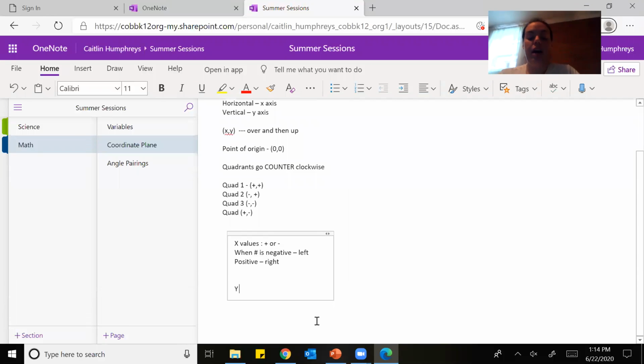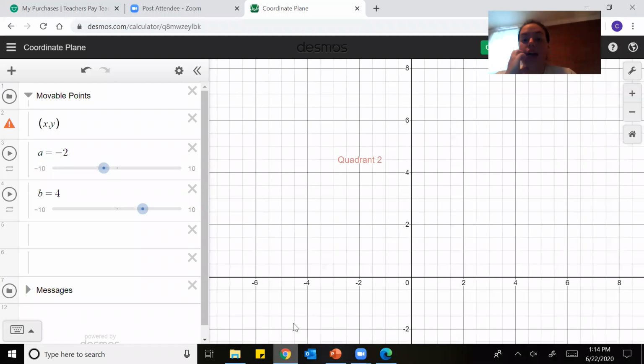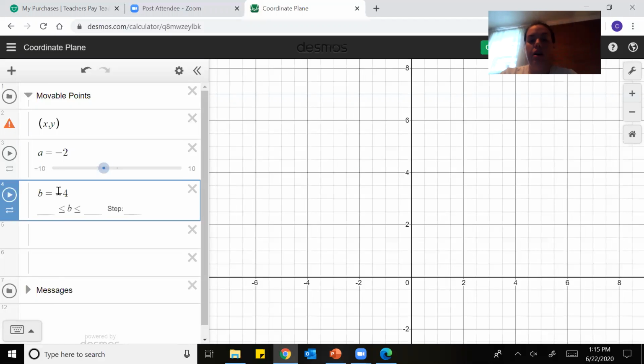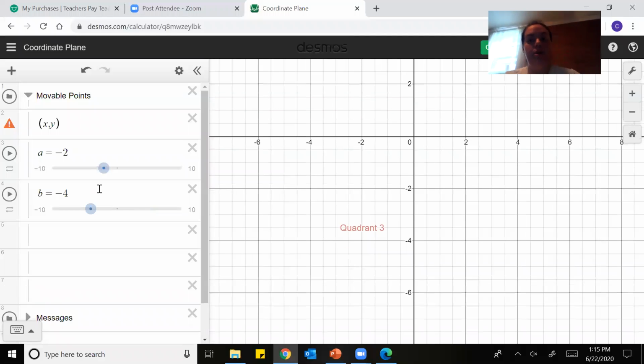All right, so what do you think happens with the y values? Well, let's do another example. If we are at -2 here and +4 here, we're up in quadrant 2. Well, if I do -4, boom, I'm down here because we know negative and negative. So I still went over 2, but rather than going up for positive, I went down for negative. All I'm doing is reading this number line. That's it.